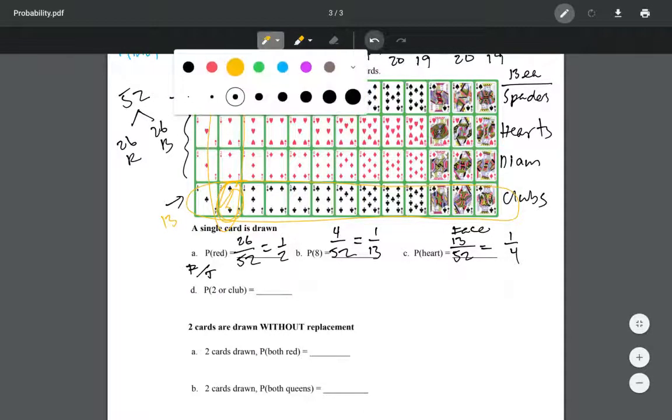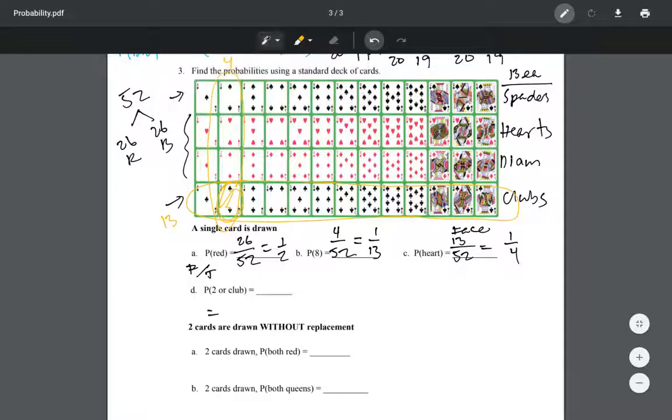So as I put my favorable outcomes together, I've got 13 clubs. I have 4 2s, but I double counted the 2 of clubs, so I need to subtract that. And this is all out of 52. So it'd be 17 minus 1, so 16 out of 52.